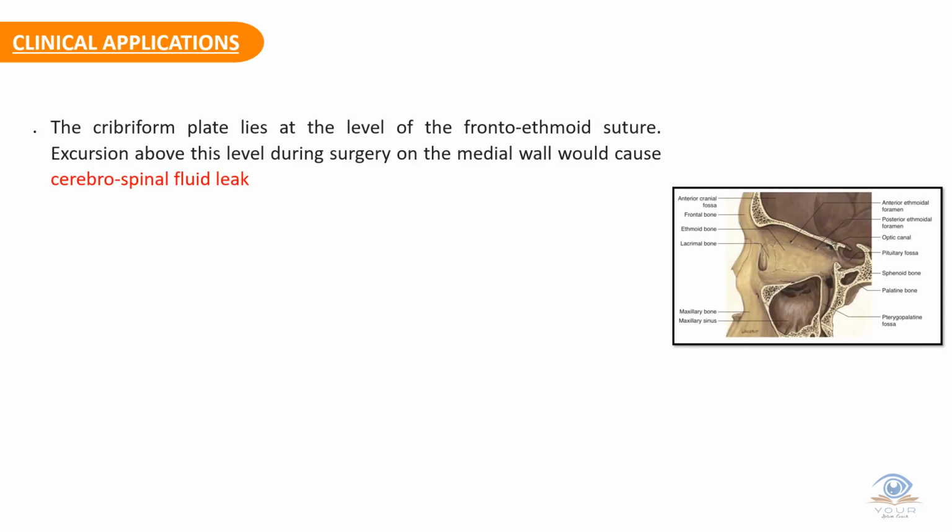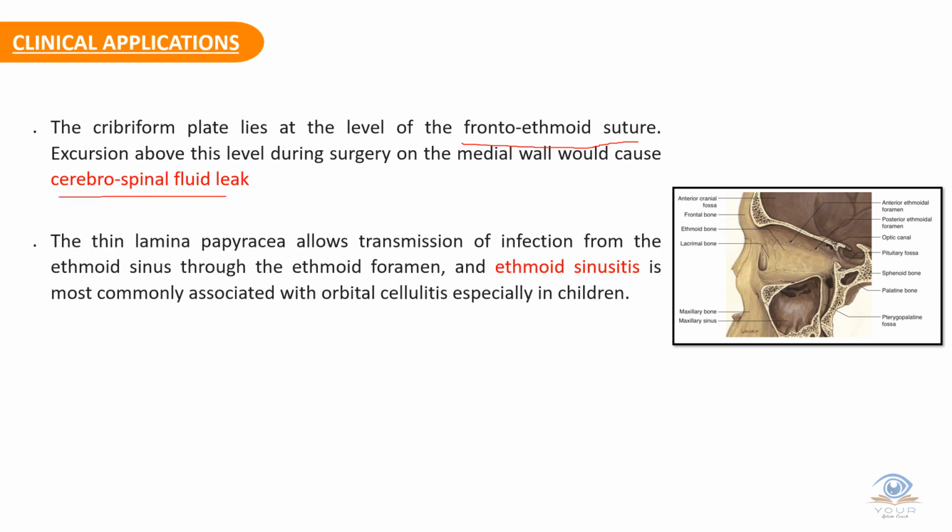Coming to the clinical applications of the medial wall, the cribriform plate lies at the level of the frontoethmoid suture. Excursion above this level during surgery on the medial wall would cause a cerebrospinal fluid leak.